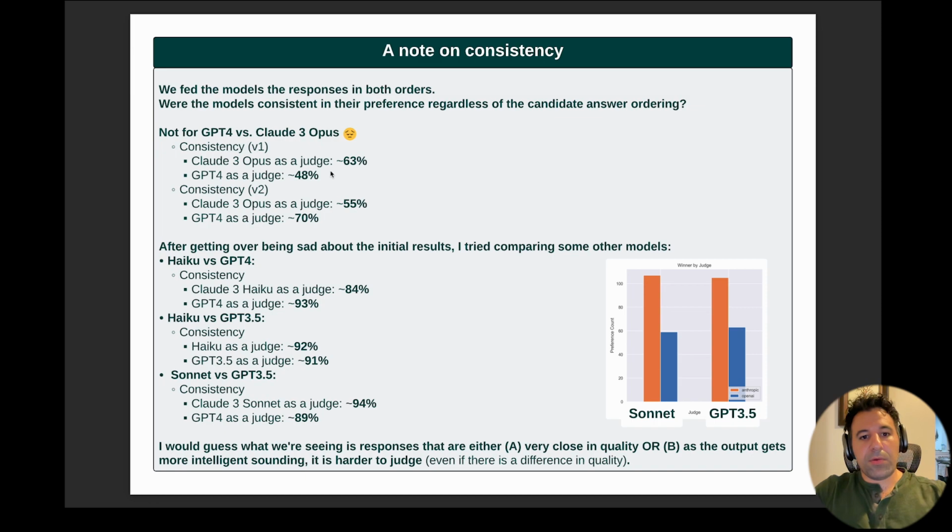They may be very close in quality, so it's hard to pick, and maybe humans would have a hard time doing that too. Or maybe the response quality is so good that it makes it difficult to distinguish what the best response is, at least for these models. I'm not sure. It could be both. It could be something completely different.